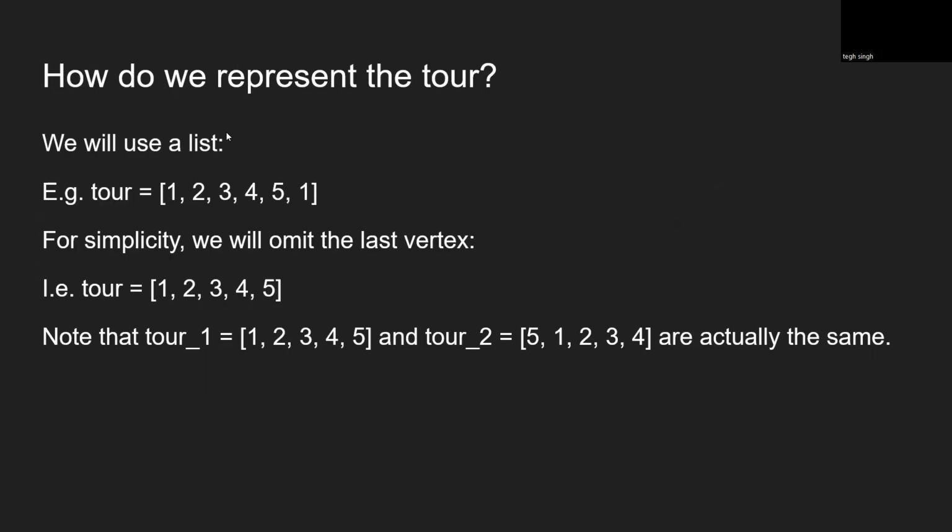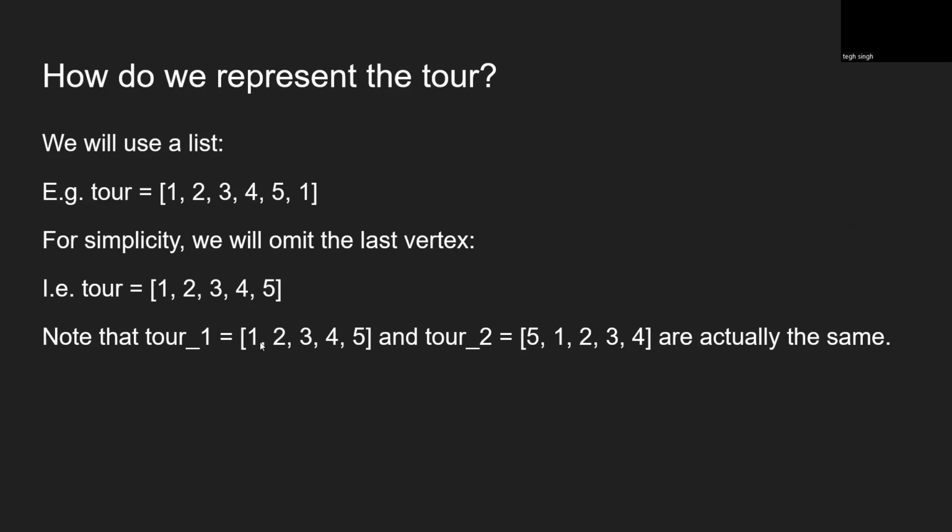So how are we going to represent our tour? One way is to just represent the tour as a list. For simplicity, we will omit the last index. So we'll have 1, 2, 3, 4, 5. Now, one thing to note is there's cyclical symmetry.